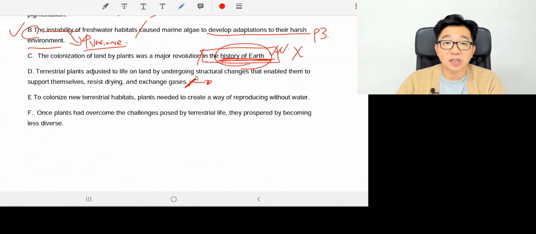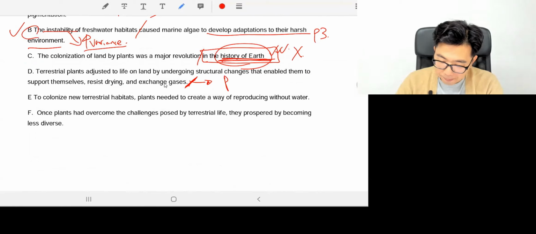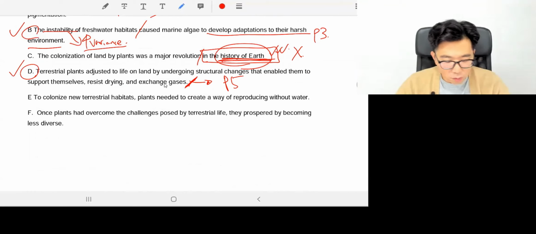Evolutionary changes happened, adaptation, to be able to survive under land condition, and they thrived. Okay, so that's before they thrived. So it's paragraph 5, probably, right? It is paragraph 5. Okay. So D, 100% answer. Probably most important idea.